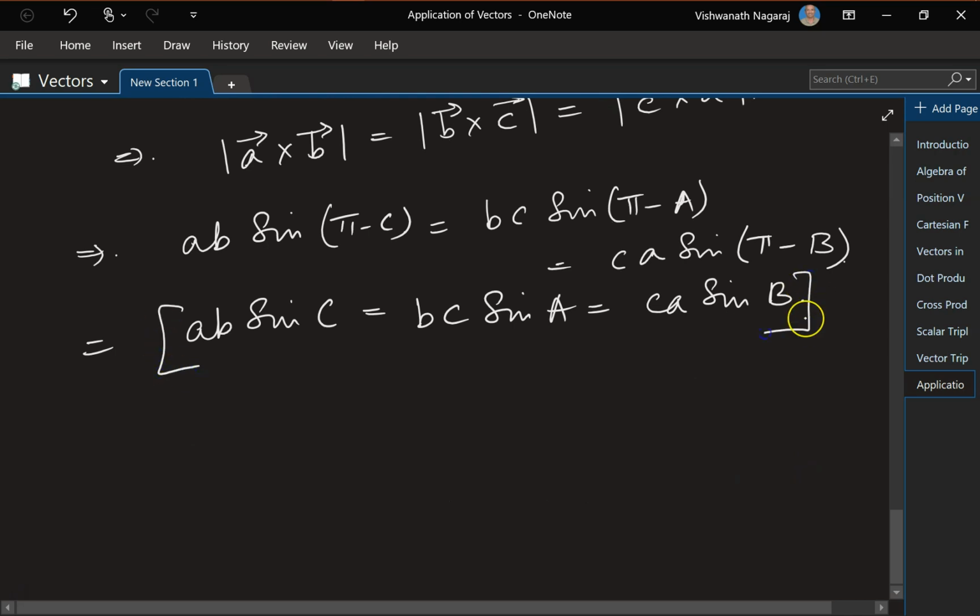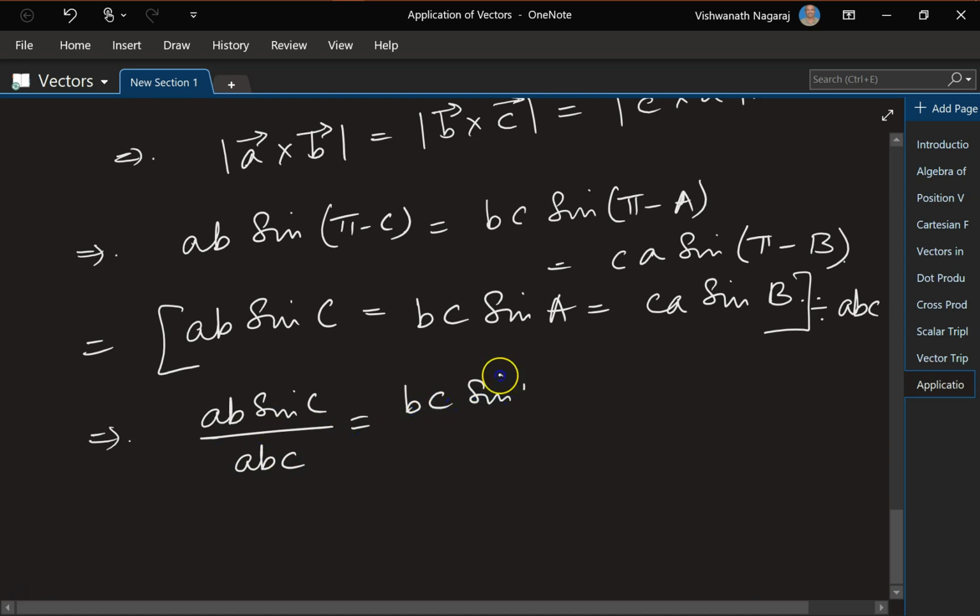Now divide by ABC. So AB sin C by ABC is equal to BC sin A by ABC, CA sin B by ABC.